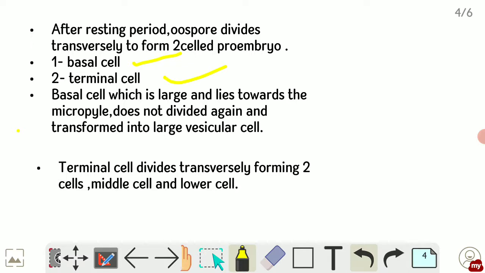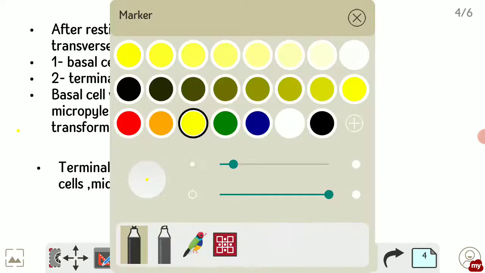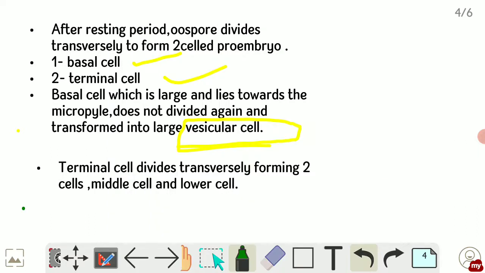The basal cell, which is large, lies towards the micropylar end, and the terminal cell lies towards the chalazal end. The basal cell does not divide again and transforms into a large vesicular cell. Then the terminal cell divides transversely forming two cells, one middle cell, another lower cell.